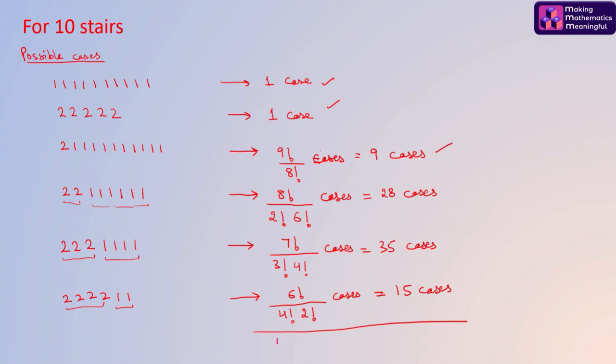So let's add them together: 1 plus 1 plus 9 plus 28 plus 35 plus 15, and this is equal to 89. So the total number of possible ways is indeed 89, and you can check in my previous video that using the idea of the Fibonacci sequence we also arrived at this same answer.